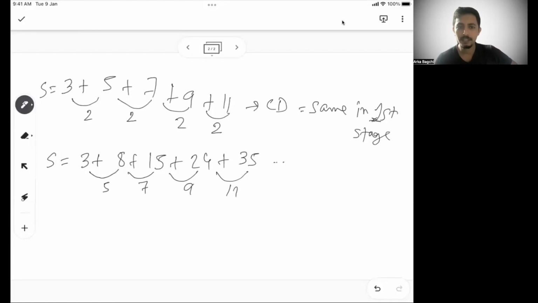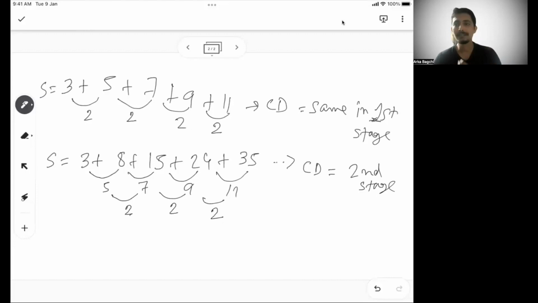So the common difference is not the same at the first stage. Somewhere it's 5, somewhere it's 7, then 9, then 11. If you go to the second stage, 5 and 7 difference is 2, 7 and 9 difference is 2, 9 and 11 difference is 2. So the common difference comes at the second stage.